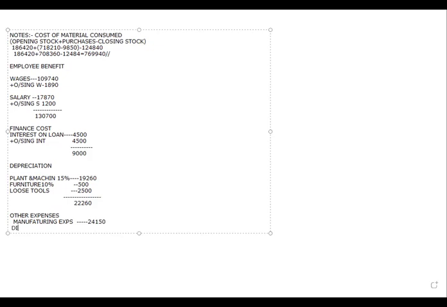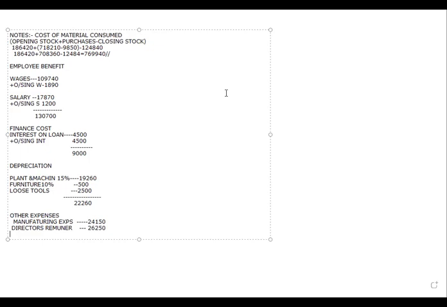Then directors remuneration, which is 26,250. Then auditor fee, which is 8,600. And then here I am even writing off preliminary.